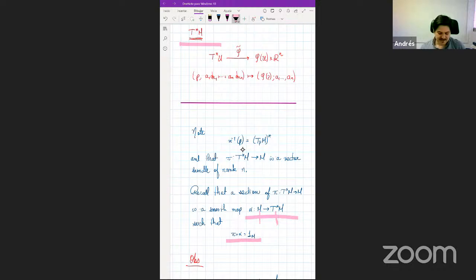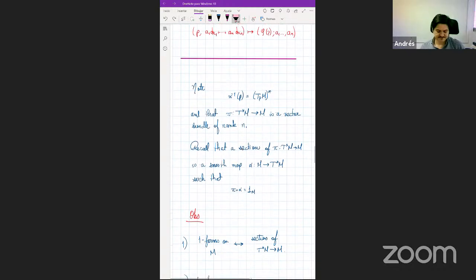In other words, the space of sections is the same as the space of one forms. So the sections of this vector bundle are the same as the one forms. In a similar way, for the tangent bundle, the vector fields are the sections of that vector bundle.